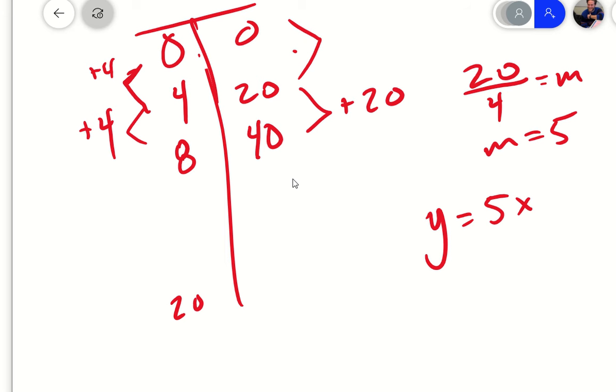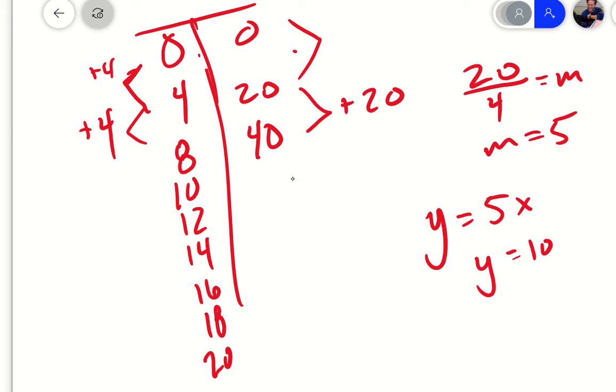Well, that's the next slide. What we do want to find is 20, though, so we're just going to work our way up. 8, 10, 12, 14, 16, 18, 20. Well, I already know the equation, so I'm just going to plug in 20. When x equals 20, y equals 100. And that would follow if you just added 20 a bunch of times.